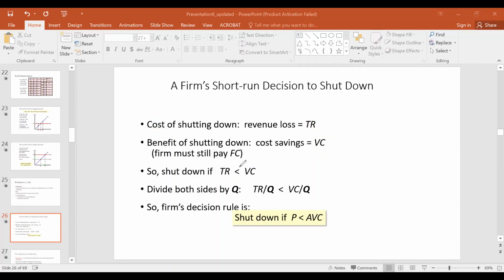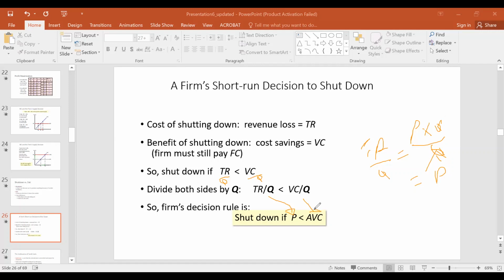Of course, we can divide through by Q just to get it in per unit terms. Remember, TR over Q means what? TR is total revenue, so price times quantity over Q. Q will cancel Q, and we are left with P. That's why they have price here, P. And variable cost over quantity is just the average variable cost.